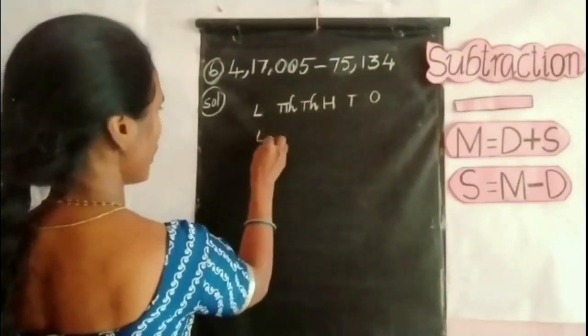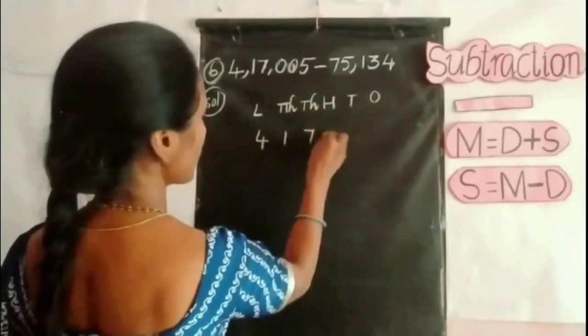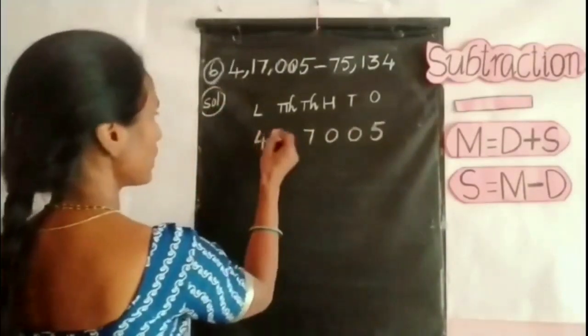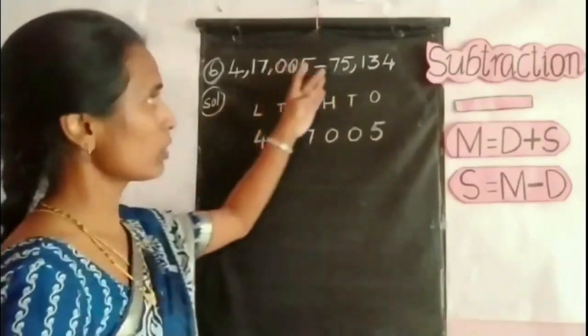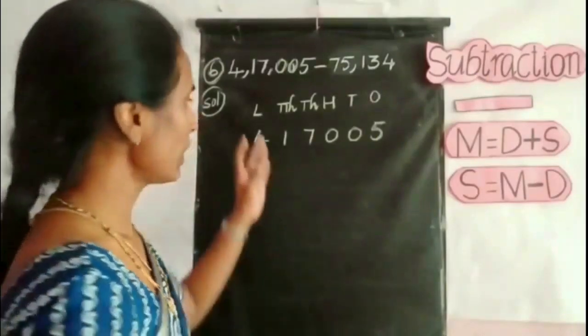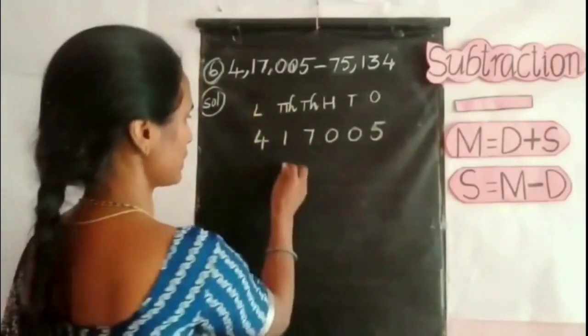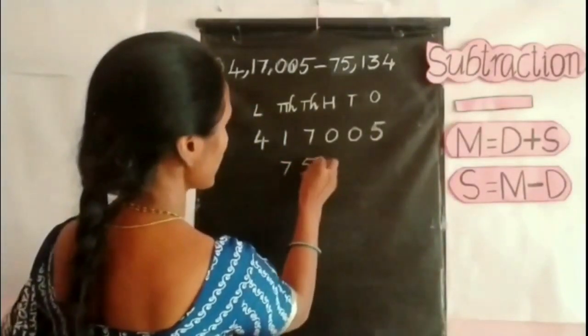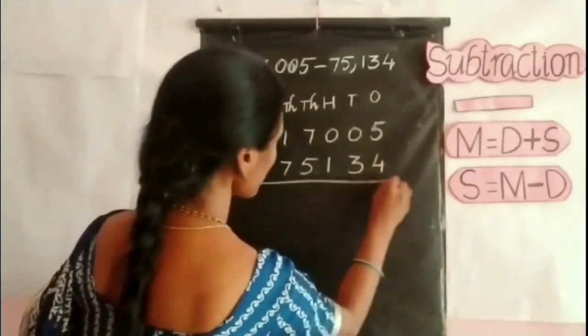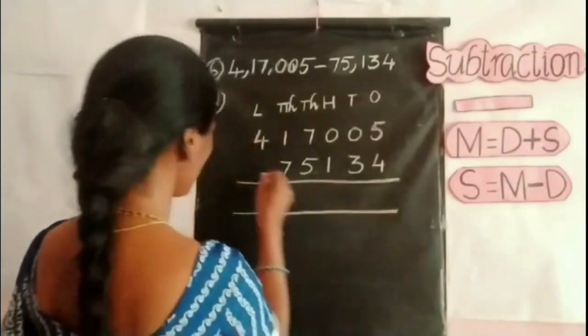So 4 lakh, 17,005. Under that, which number should I arrange now? 75,134. Our 75,134 has 5 digits, so arrange the number from the 10,000s place. And place the subtraction sign here, children.